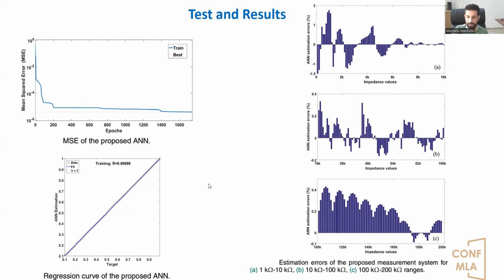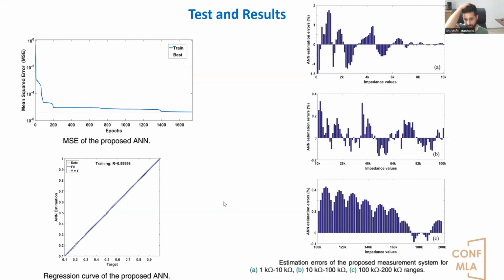The mean square error training curve of the proposed artificial neural network is shown in the top left figure. On the other hand, the bottom left figure gives the regression curve of the ANN with full measurement range. A significant relationship between target impedance and neural network estimation is observed as shown in this bottom left figure.